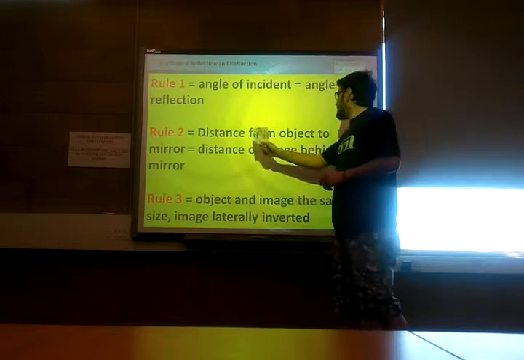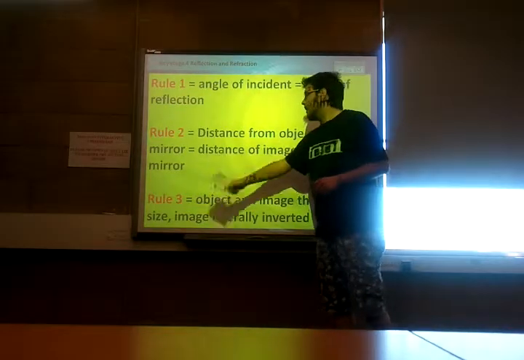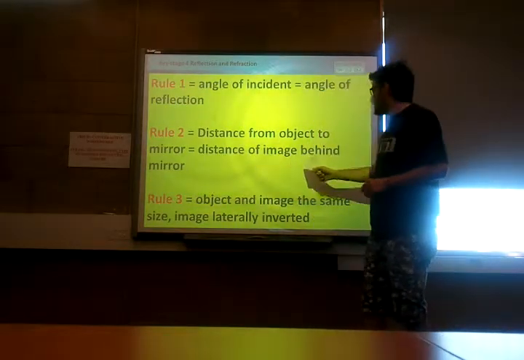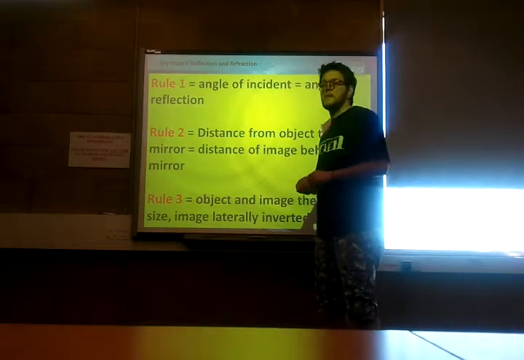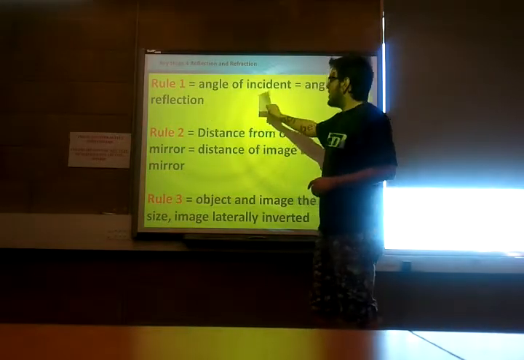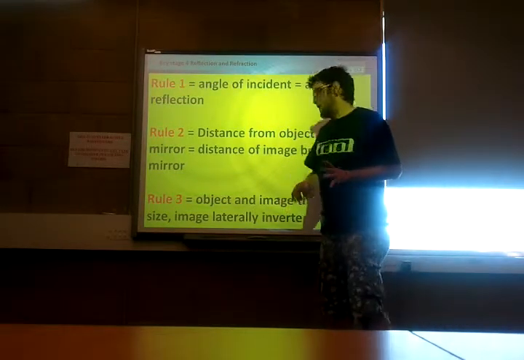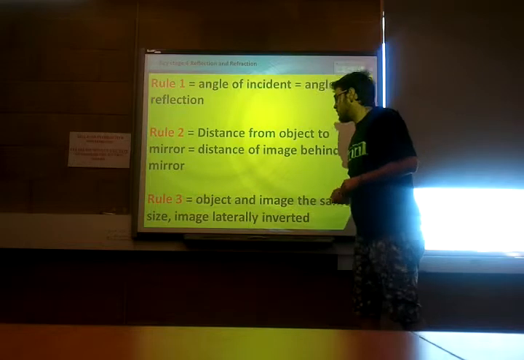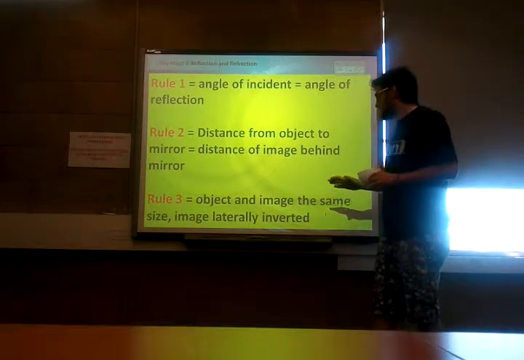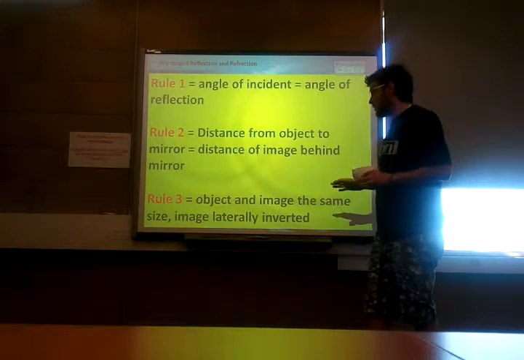Rule number 2: the distance from the object to the mirror is equal to the distance of the image behind the mirror. So that basically means that the object distance to the mirror is the same as the distance from the mirror to our virtual image. And our third and final rule is our object and image are the same size.